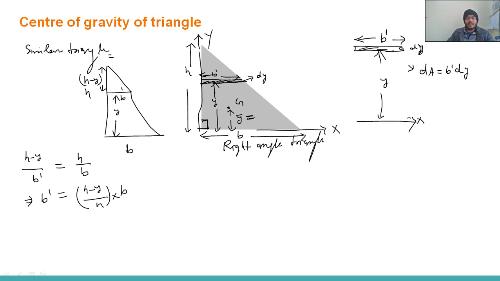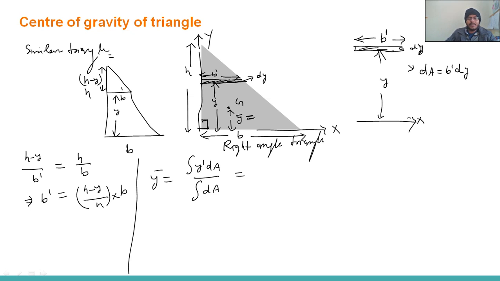So b dash we can write like this. Now calculate y bar. We have the formula: integration of y dash dA divided by integration of dA.